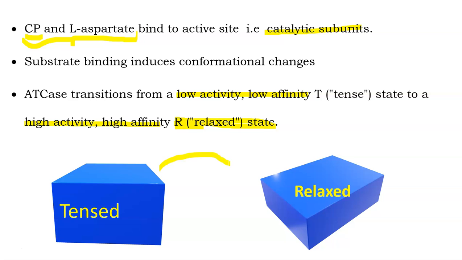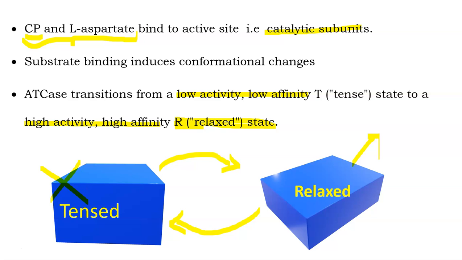So there is a continuous interchange between the tensed state and the relaxed state, and the relaxed state is the one which catalyzes the reaction. In the tensed state, the reaction would not happen.